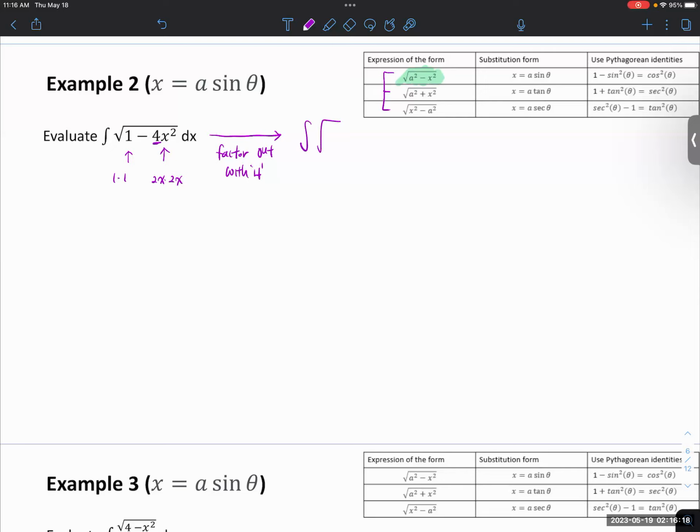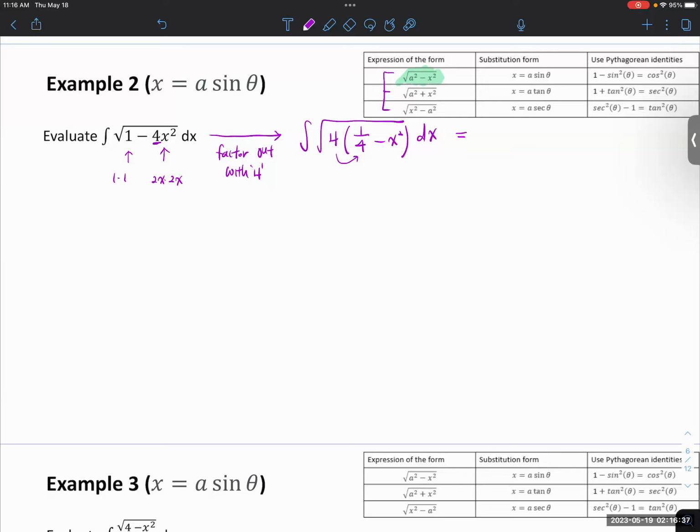So let's see what happened. Integral: if you factor out 4 in the front, then 1 becomes 1 over 4, because when you do the distributive property, it goes back to 1. And 4x squared, you factor out 4, it's going to be x squared, and dx.